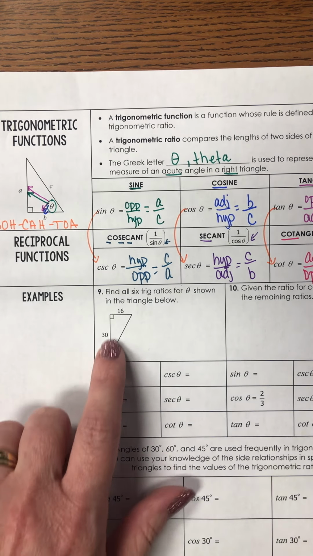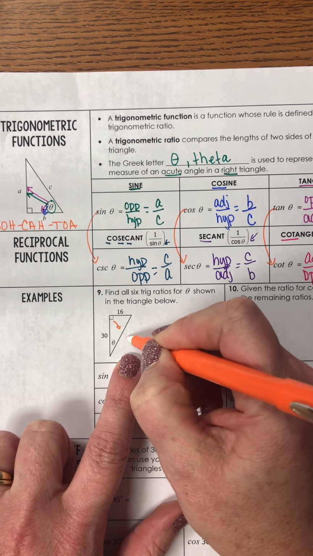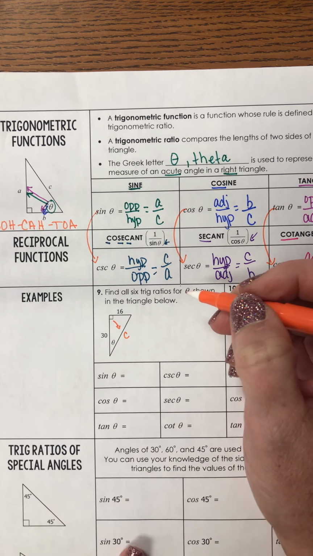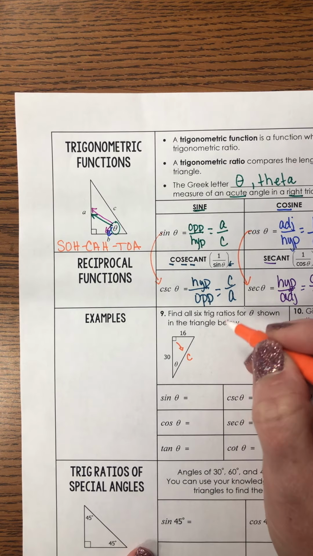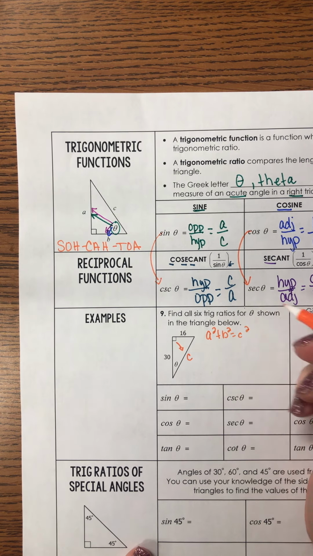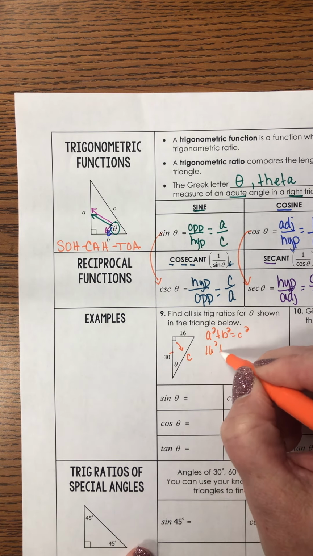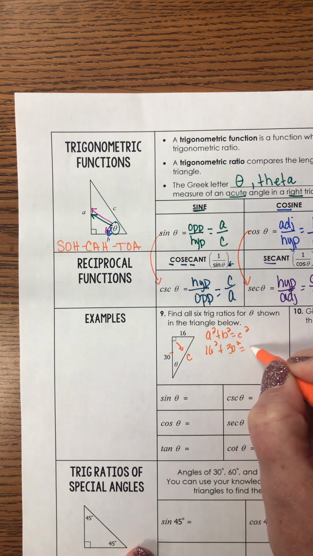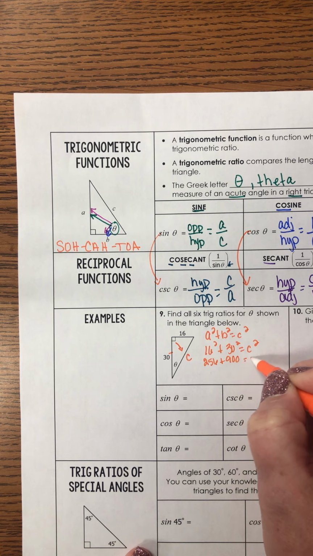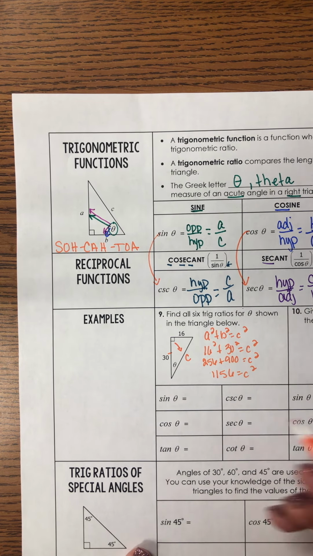Okay, so let's look at an example here on number 9. We have a right triangle, and these are our two legs, if you'll notice, because this is our hypotenuse, which is side C. So that needs to be the first thing that I need to figure out. So using the Pythagorean theorem, a squared plus b squared equals c squared, I have my legs here, A and B. Okay, so here's the math.